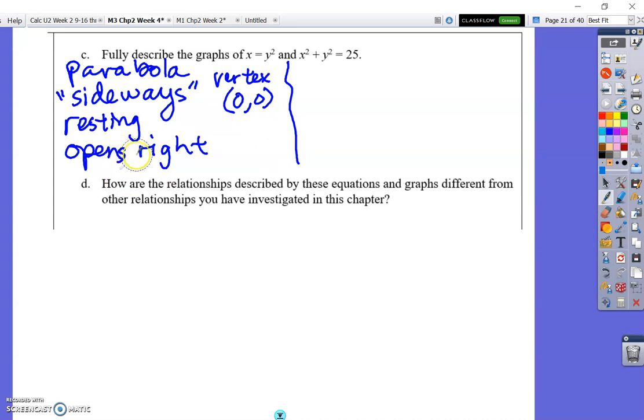Let's go with opens right. So I'm good with that one.